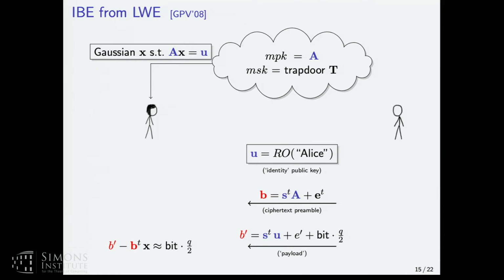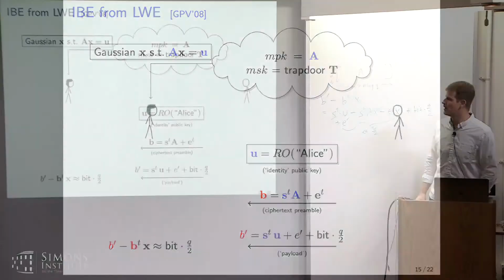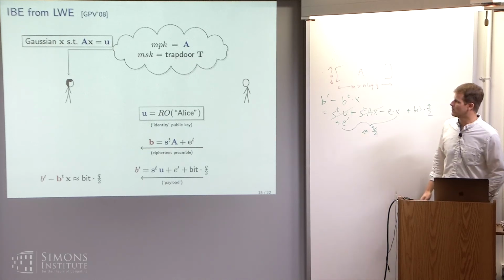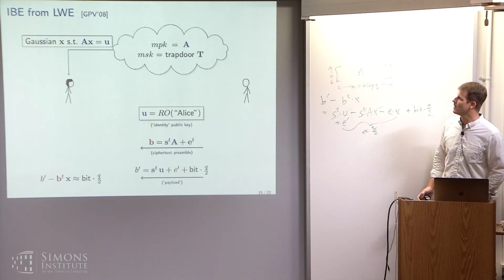Other questions or concerns, remarks about this one? Okay, so this is just a flavor, a tasting of what we can do with LWE, and tomorrow and Friday there'll be much more building on these kinds of constructions and ideas.